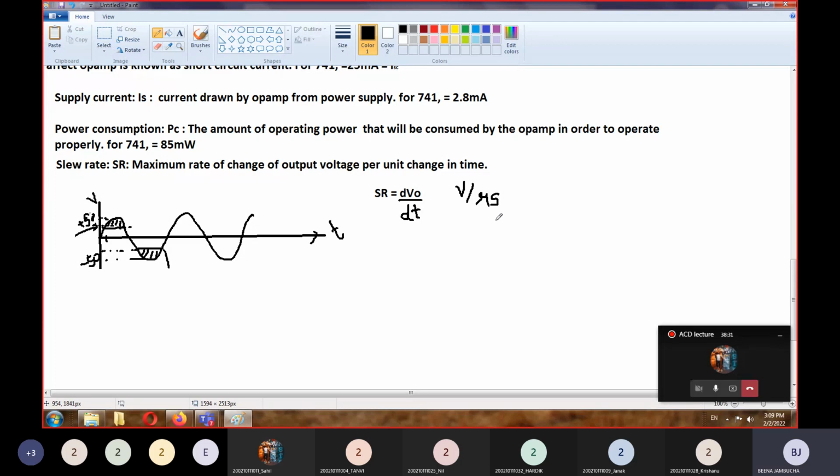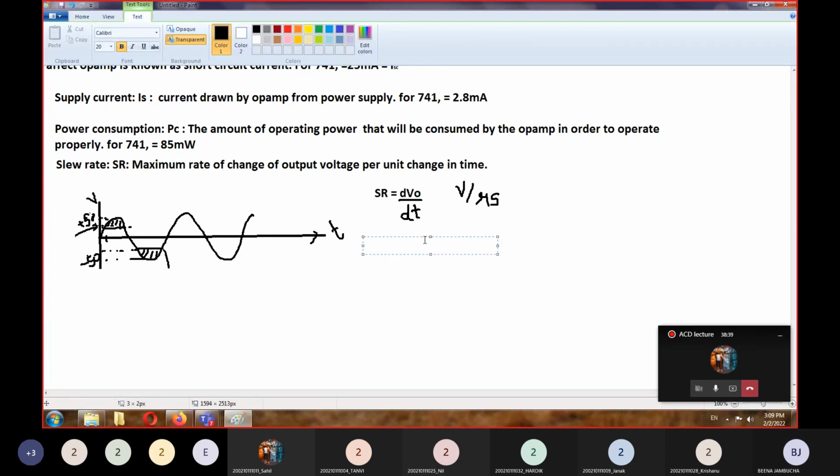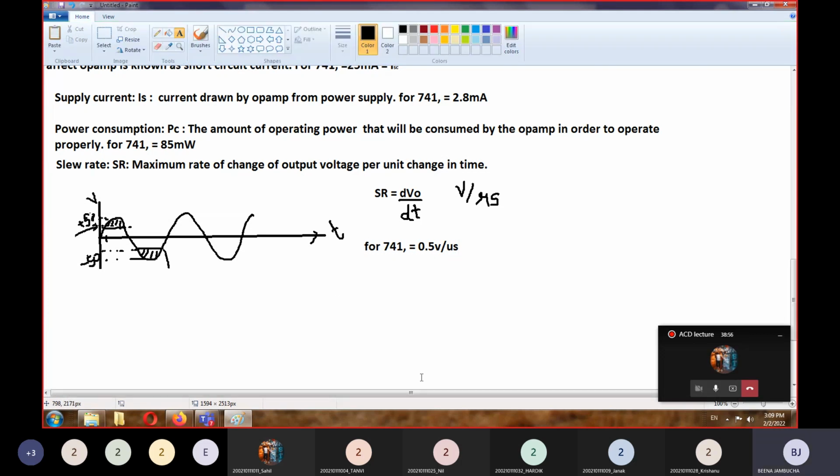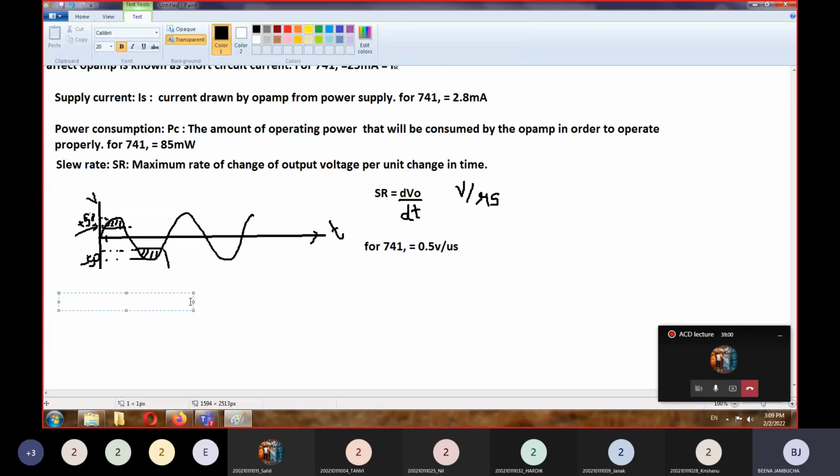And for the 741 IC, this value is near about 0.5 volt per microsecond.